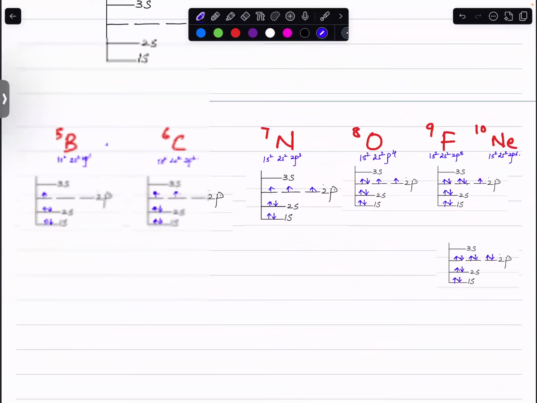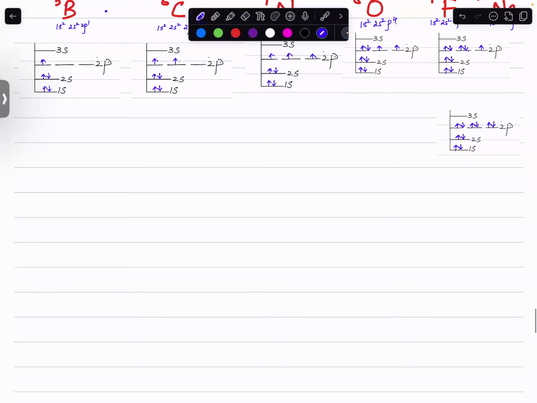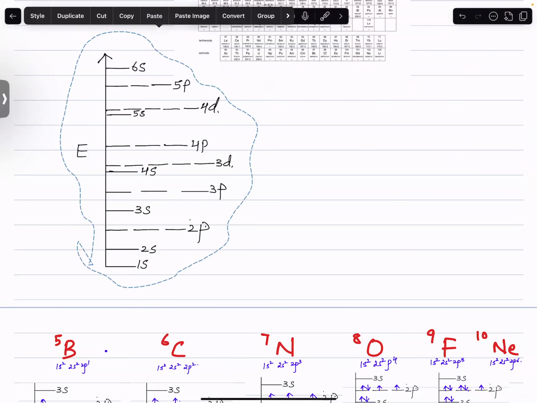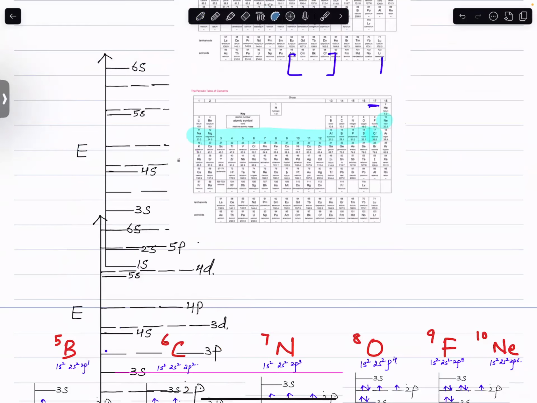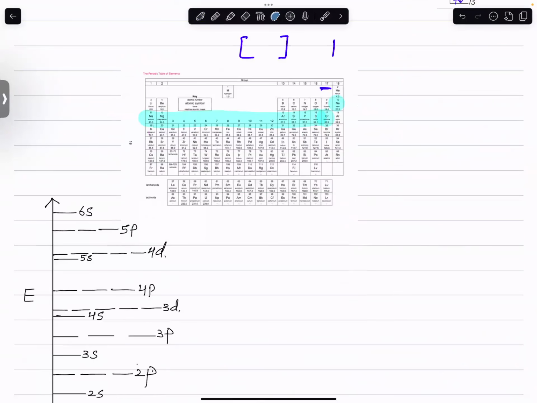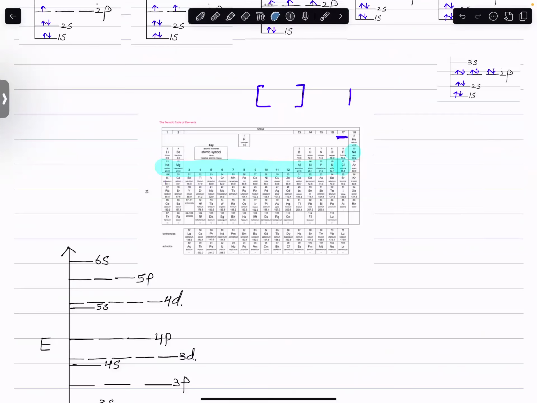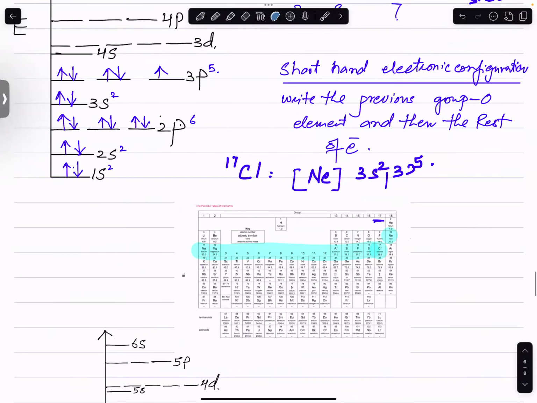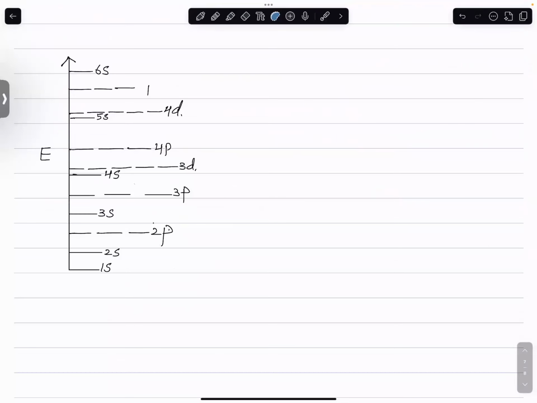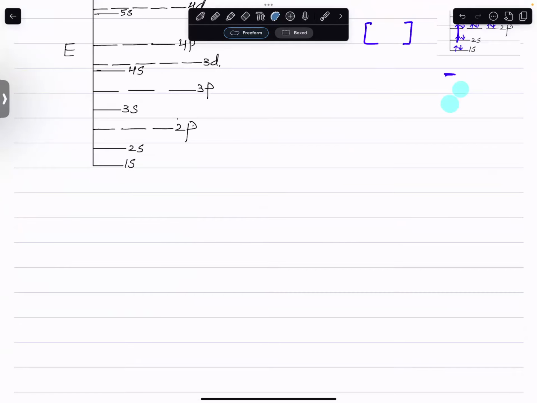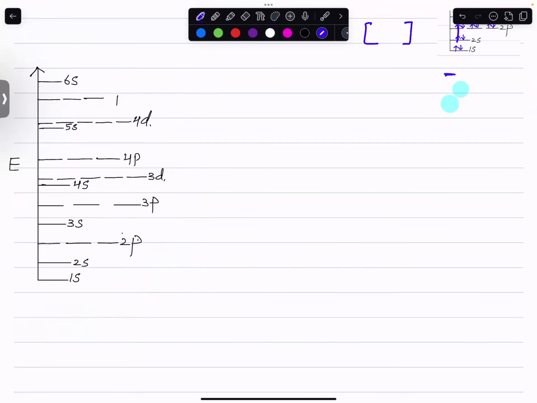If I do the configuration for potassium, 19.